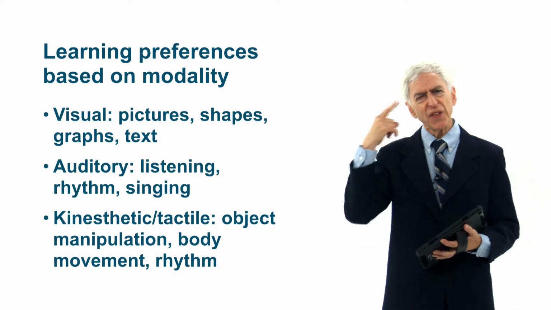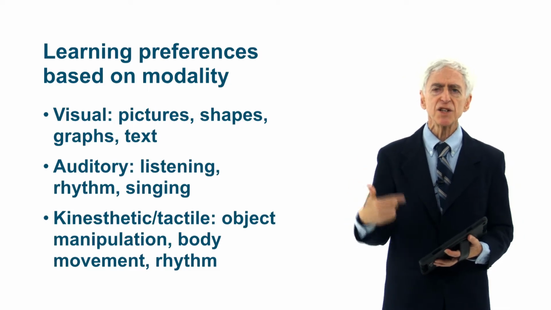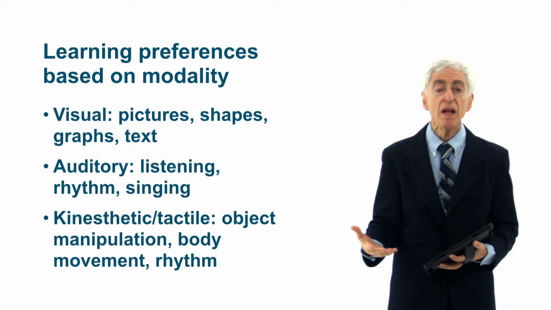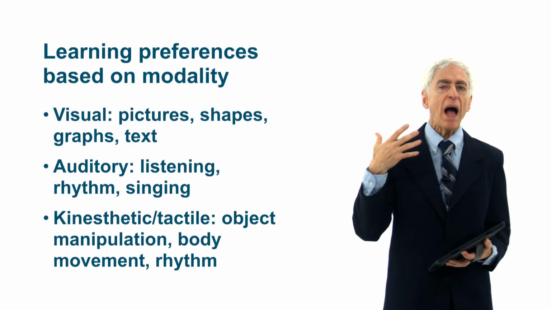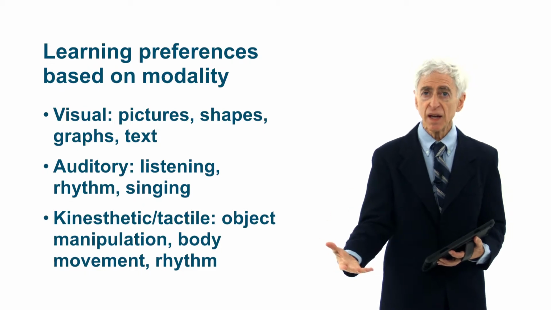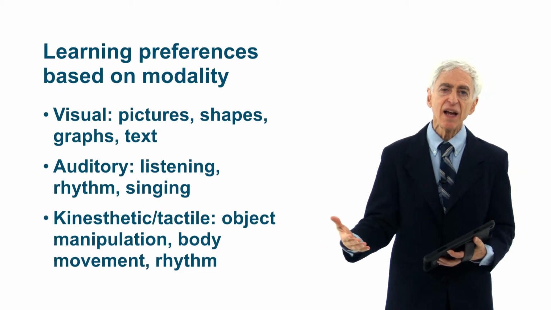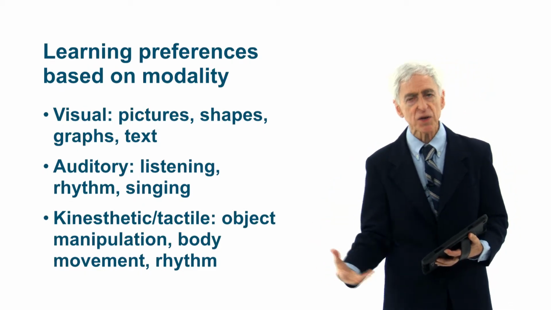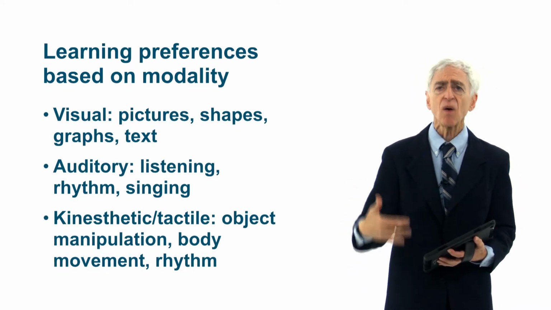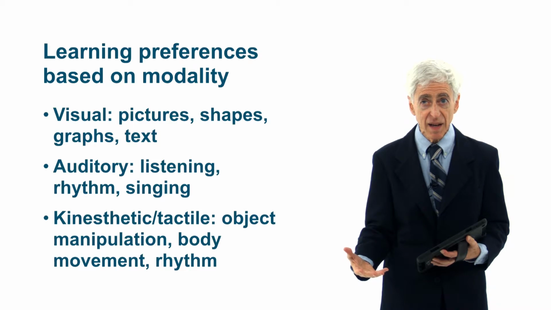So, think about anything you would want to teach another person, whether you were a formal school teacher or not. How would you teach that thing visually? How would you teach that thing in some way in an auditory manner? How would you teach that thing in a kinesthetic or tactile way?